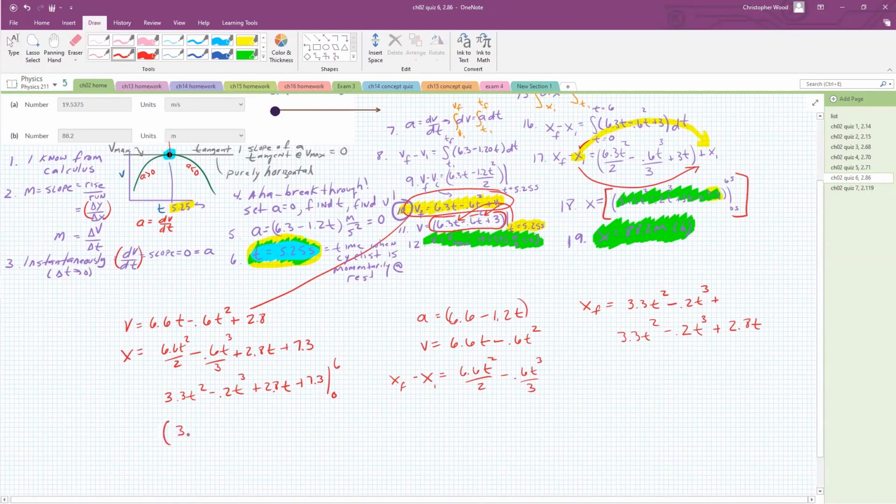You would say 3.3 times 6 squared minus 0.2 times 6 cubed plus 2.8 times 6 plus 7.3, all of that minus basically this, minus 7.3. Or if I wanted to really, it would be 3.3 times 0 squared minus 0.2 times 0 cubed plus 2.8 times 0.